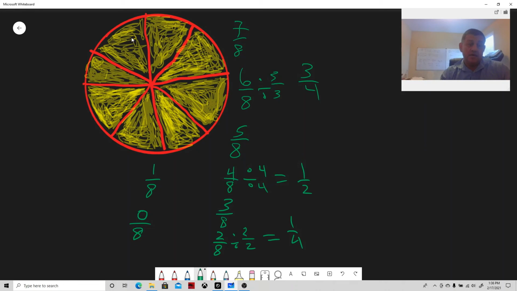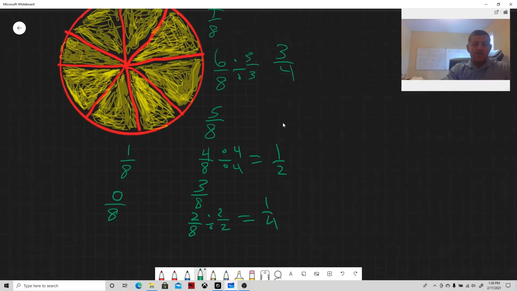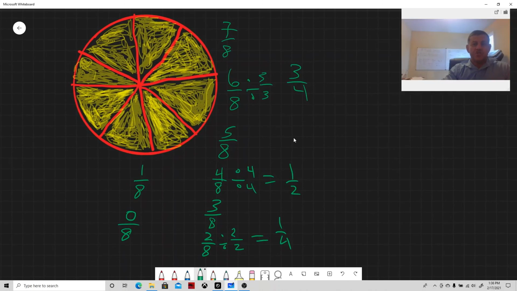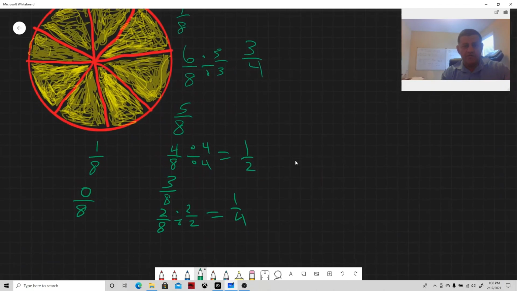And then 1, 2, 3, 4, 5, 6 represents 3/4. Makes sense, right? So that's how fractions can be represented. So this has been a quick introduction to fractions.